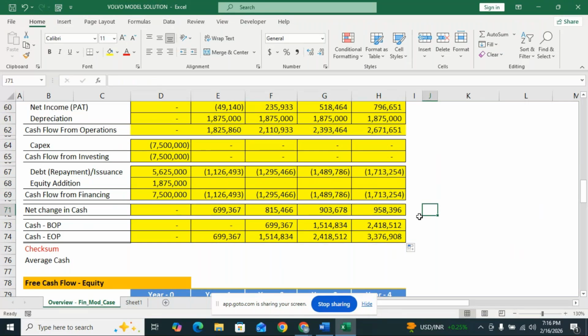So complete the calculation of net change in cash, and then cash at the beginning of the period and cash at the end of the period.